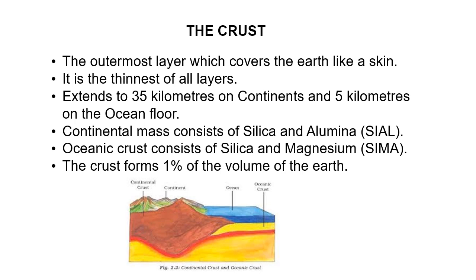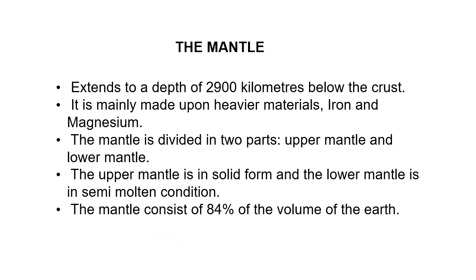Okay, so we will go to the next part, the mantle. The mantle extends up to 2900 kilometers, the second layer of the earth just below the crust. It is mainly made up of heavier materials which are iron and magnesium. The mantle is divided into two parts, upper mantle and lower mantle.